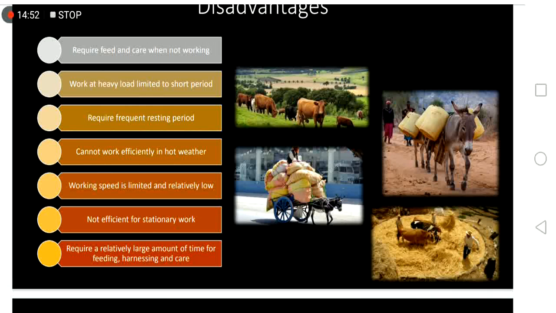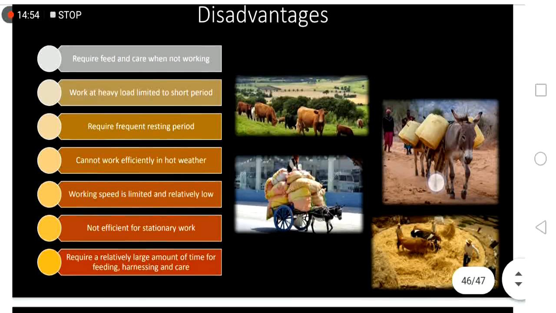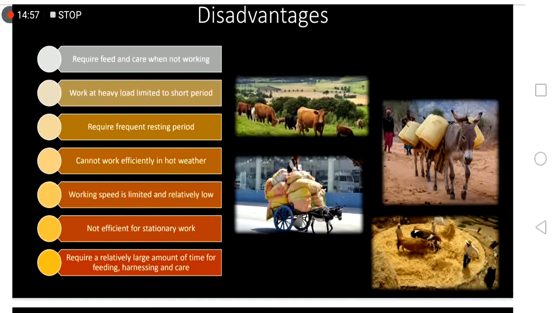Number 5, working speed is limited and relatively low. Of course, the animals have their own speed. You cannot increase it like with tractors when you want to accelerate. And when you do that, your animal might exhaust and be used for a shorter period of time.